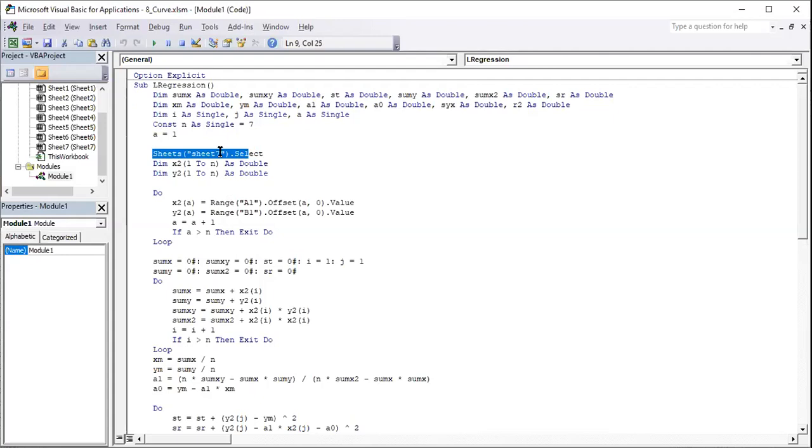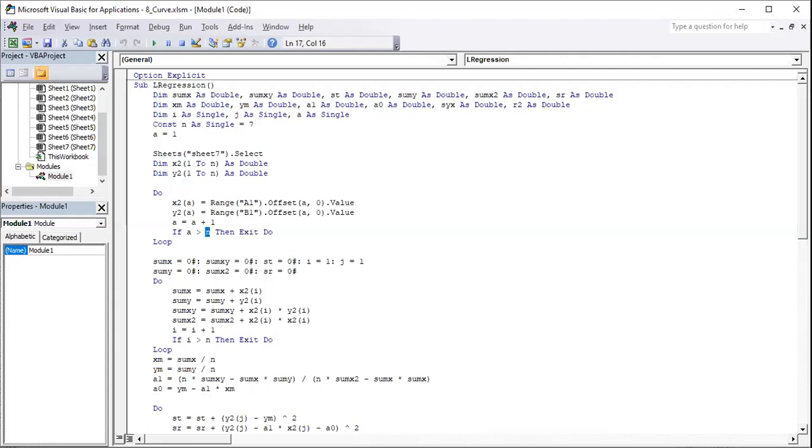So sheet 7. I'm just telling the computer program to use the data that is available in sheet 7. Then this is our X and this is our Y, because we need X and Y for linear regression. So I'm telling Visual Basic that it should take in the values from A1 to N for the X term, then for the Y term, taking the values from D1 to the last value.